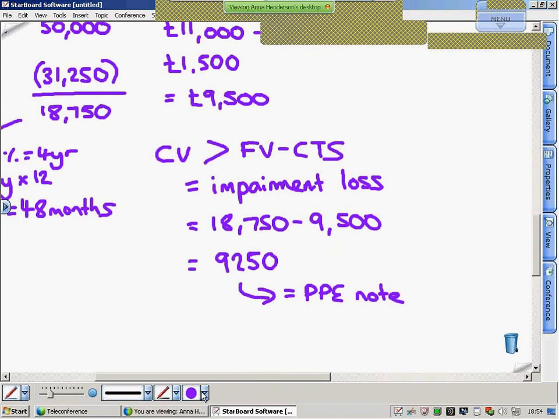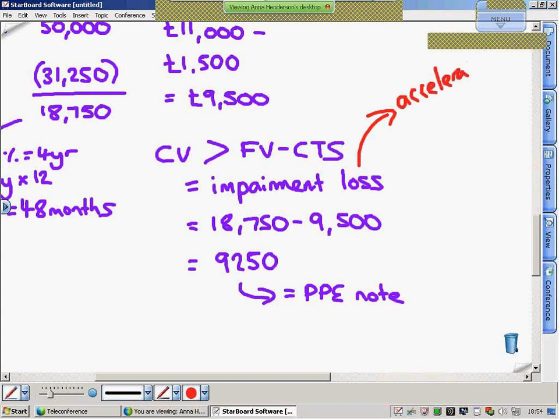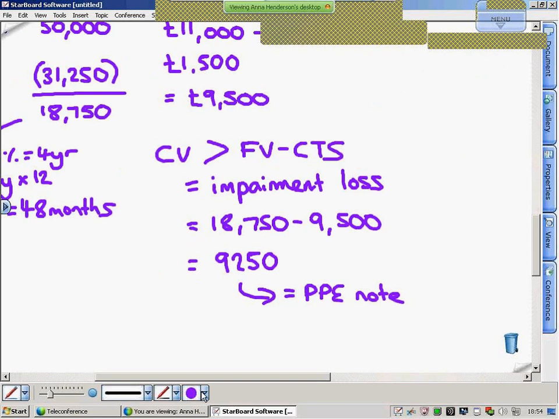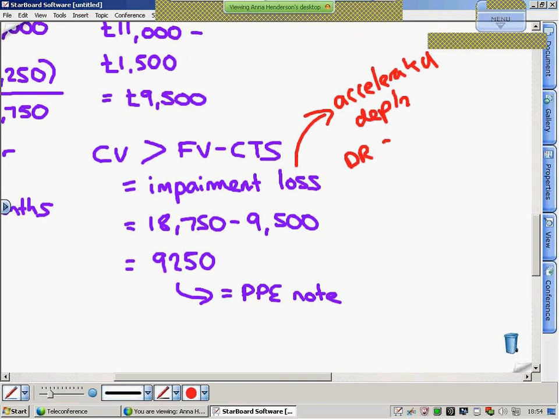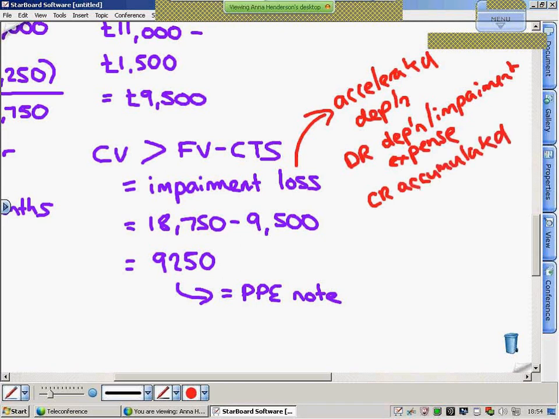Impairment: one partner that I worked with when I was in your shoes told me to always think of impairments as just accelerated depreciation. When we recognise an impairment, we basically do exactly the same double entry as we do when we record depreciation.